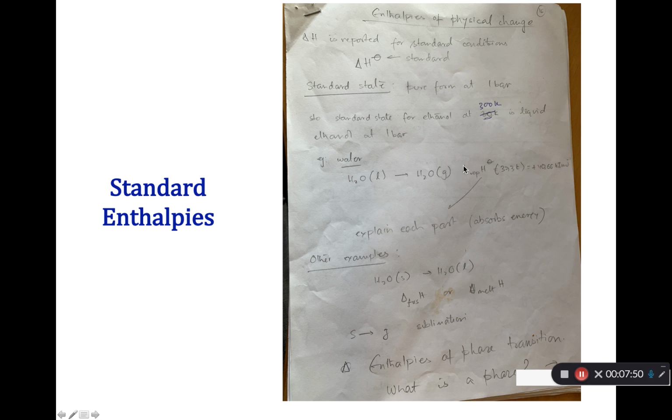The standard enthalpy change is signified by this symbol on top of H. The subscript refers to a vaporization process, and the standard vaporization enthalpy of water at 373 Kelvin is 40.66 kilojoules per mole, which means that the amount of enthalpy absorbed when you heat 1 mole of water from liquid to gas at 100 degrees centigrade is about 40.66 kilojoules.